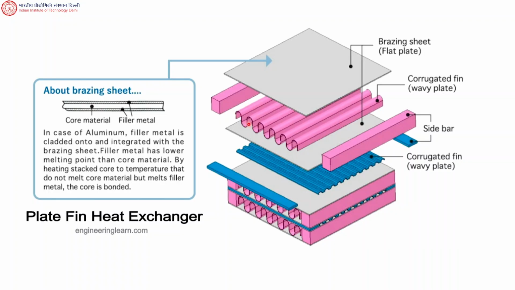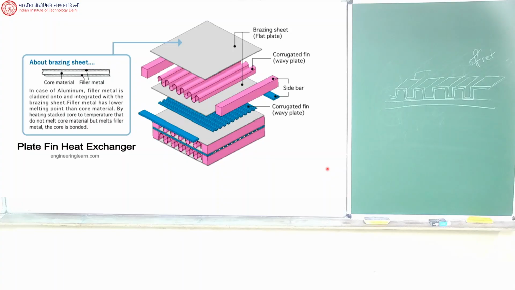And in this case, this shape is not exactly like this. This is a wavy fin, right? So that's this one. Below also it's something like this. And you see these two fluids are in cross flow, right? One fluid going this way, the other fluid going this way. This flow and this flow.